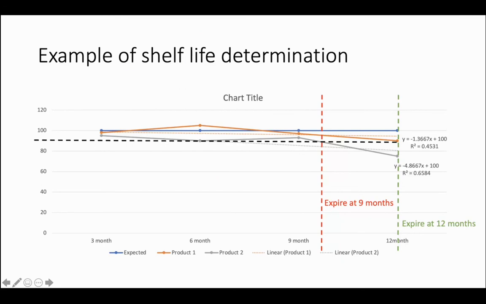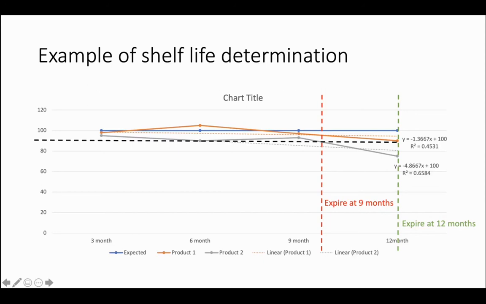According to the guideline, as a general rule, the stability of a drug is acceptable if the content of the drug remains above 90% of the expected concentration.